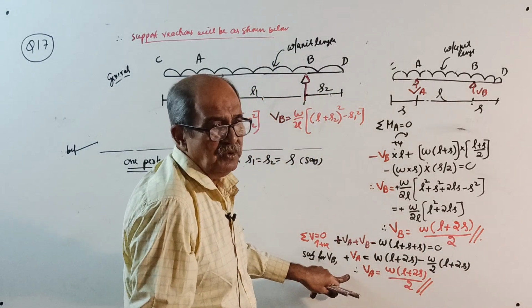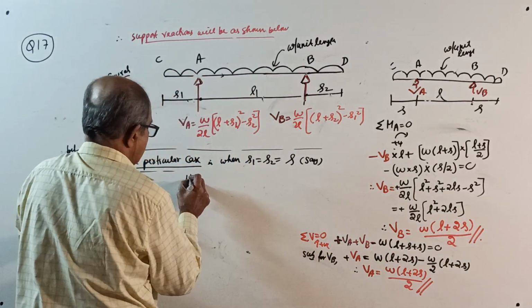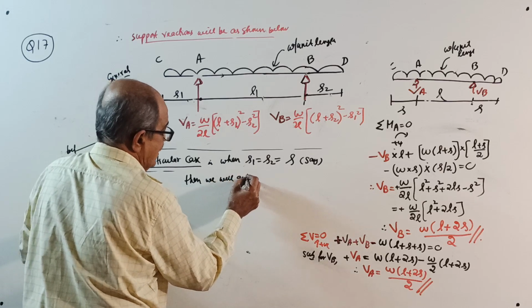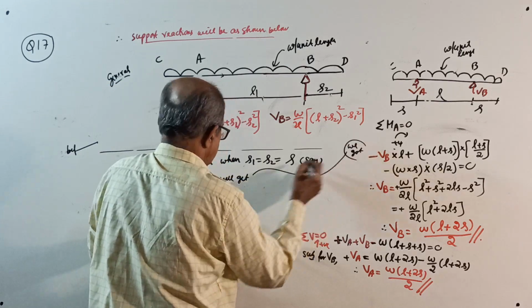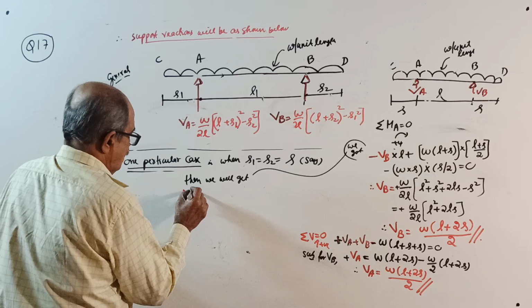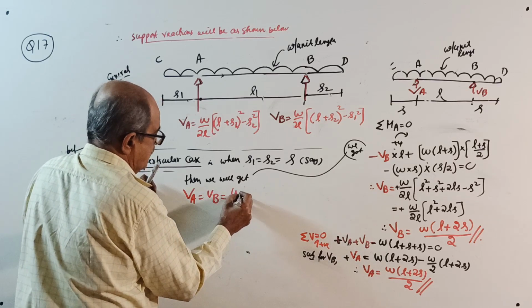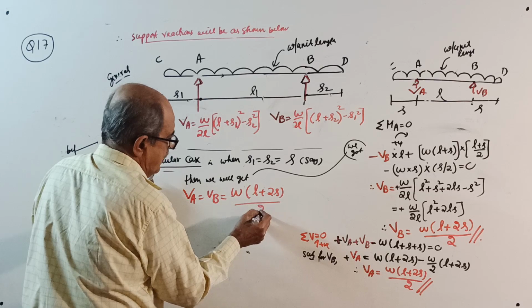Sigma V equals 0, substitute, VA will also come the same. We get VA equals VB equals W into (L plus 2S) divided by 2.